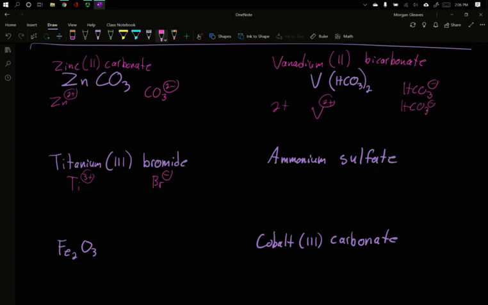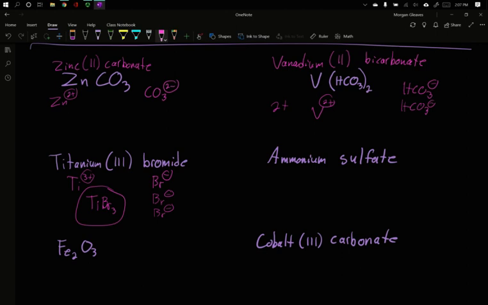The fluorine, chlorine, bromine, iodine, the column 1 in from the noble gases on the periodic table, those are all -1. I need 3 negatives to balance my 3 positives. So I can add more bromines until I have 3 negatives, which means this is a TiBr3. That is our formula for titanium 3 bromide.